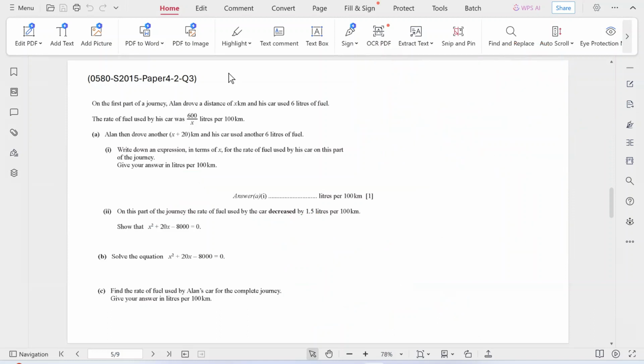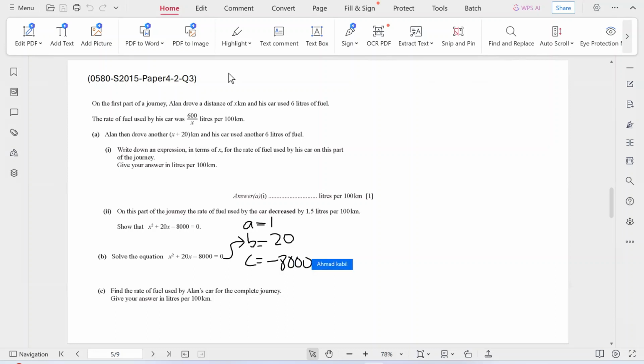So for B, having obtained the equation, we are now required to solve the equation. The most straightforward way of solving a quadratic equation is using the quadratic formula. There is another video that describes in detail how to do that, but I'm going to do it quickly here. So a equals 1, b equals 20, c equals negative 8,000.